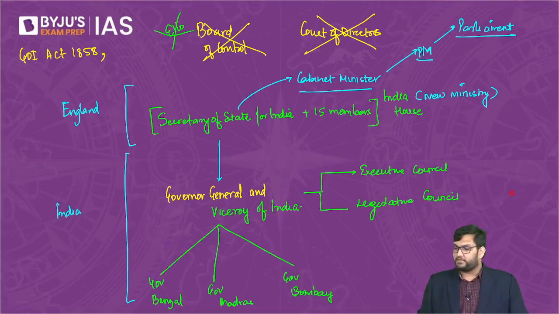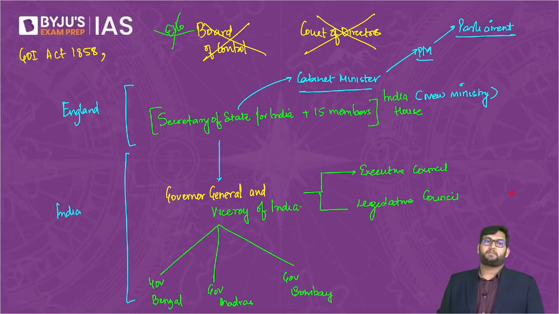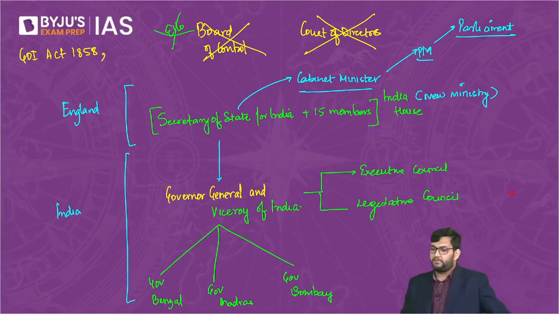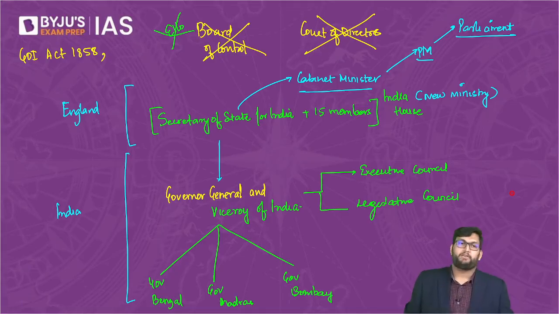And thereafter, you have Secretary of State for India plus 15 members, wherein you have Executive Council, Legislative Council. Nothing really changes in India, but just a small addition: Viceroy. The main change happens in England, wherein now India is not controlled by a company, but by the British government itself. Right?